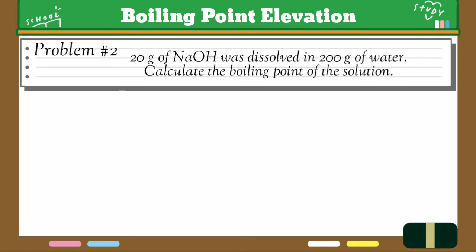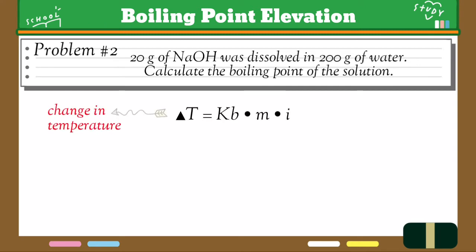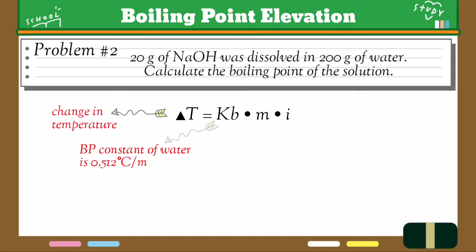Problem number 2. 20 grams of sodium hydroxide was dissolved in 200 grams of water. Calculate the boiling point of the solution. We're gonna use the formula delta T for the change in boiling point temperature. Kb is the boiling point constant of water, that is 0.512 degrees Celsius per mole.